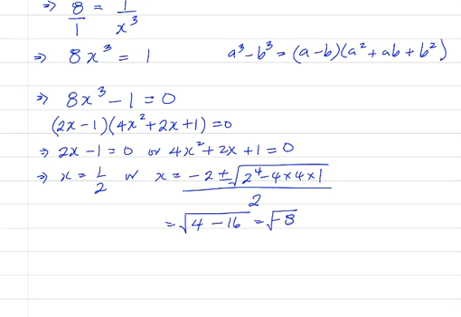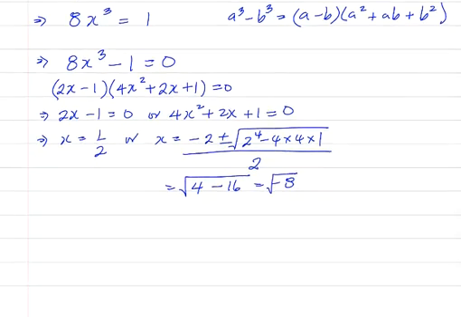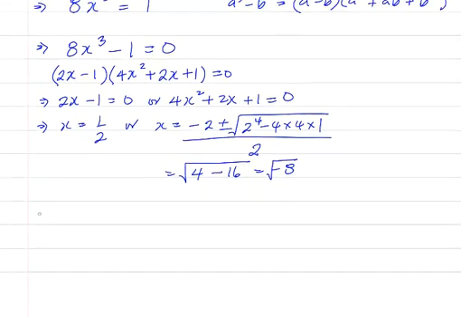So there are no values of x here, and there's only one turning point. Therefore, x is equal to a half is the value of x at the turning point.